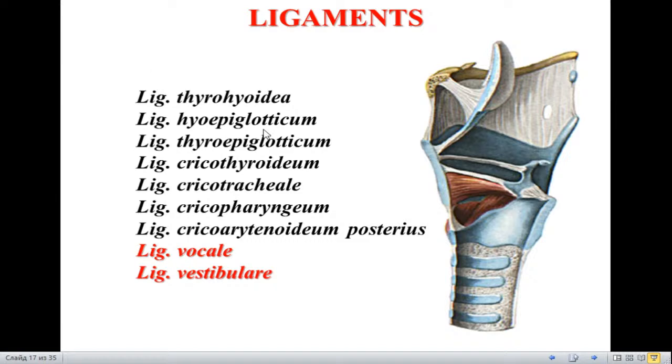These ligaments connect the larynx with the nearby structures, and the proper ligaments of the larynx are the ligamentum vocale and ligamentum vestibulare. These ligaments perform the main functions for sound production.